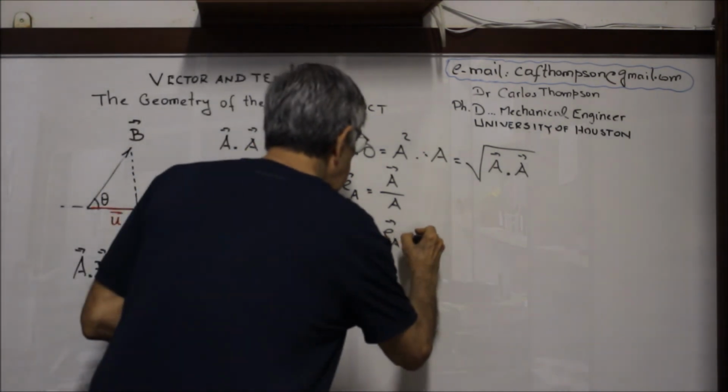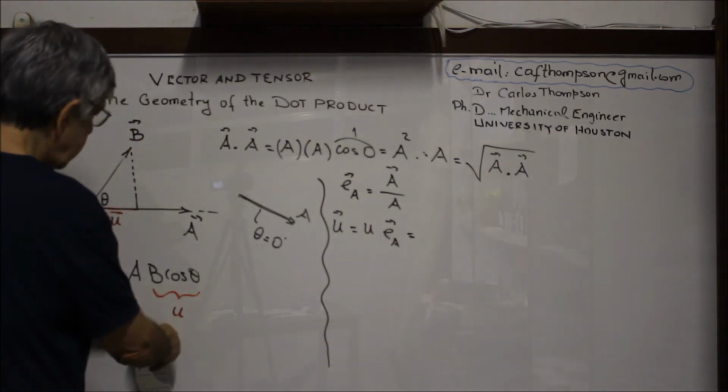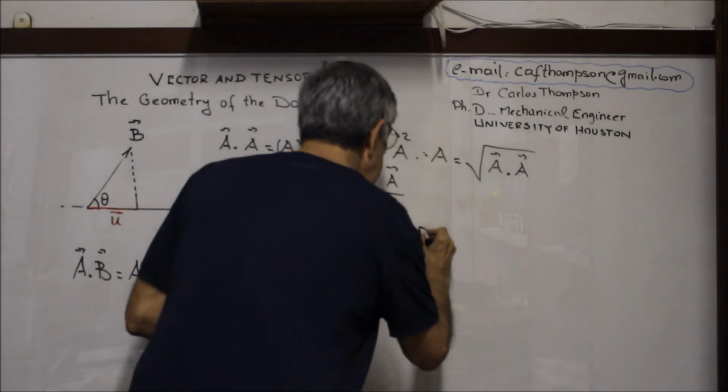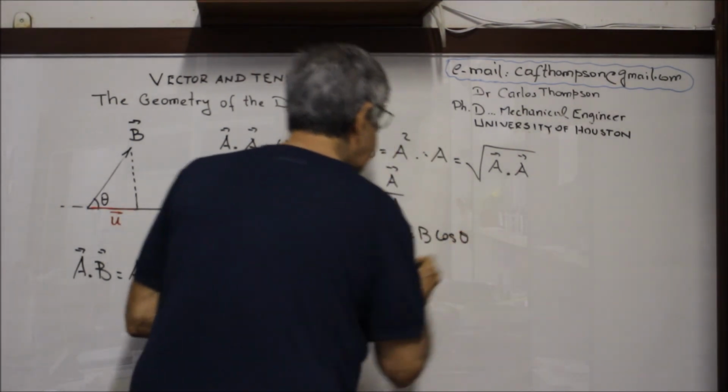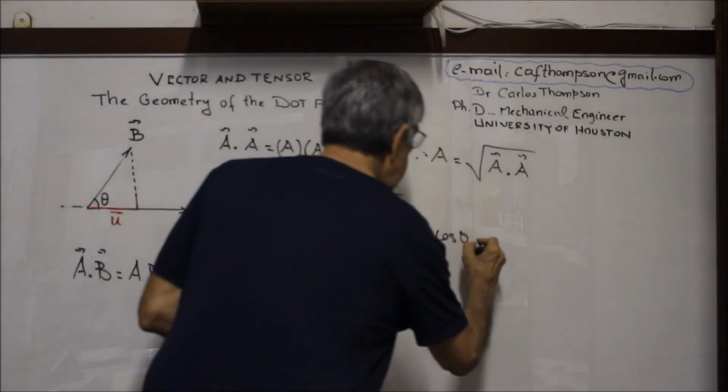Now, what is u? The magnitude is B cosine theta. What is EA?